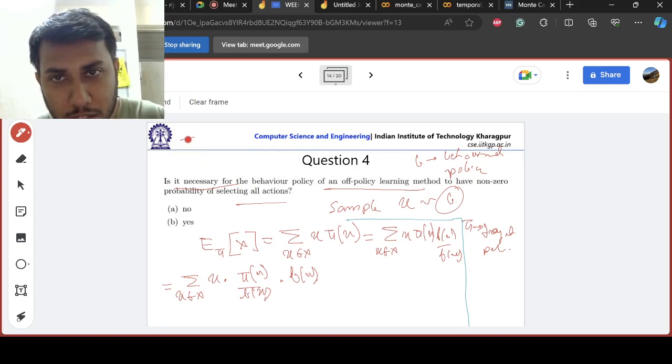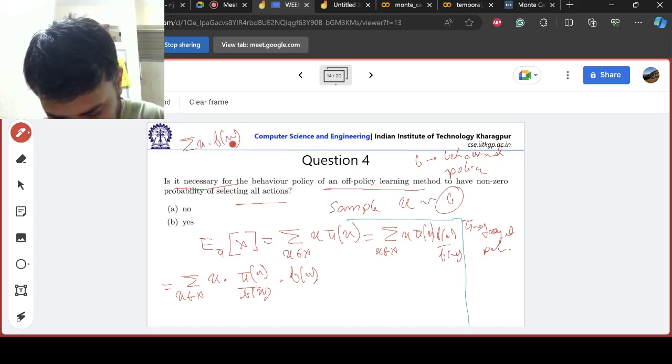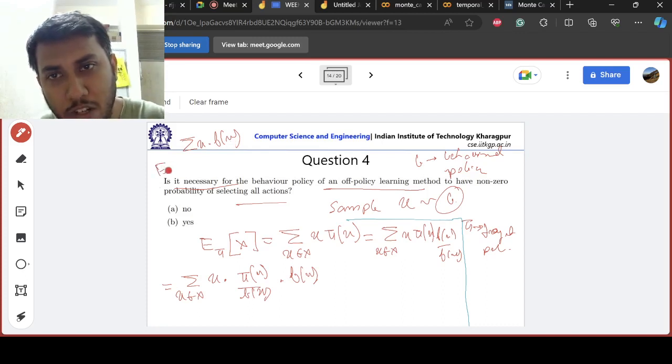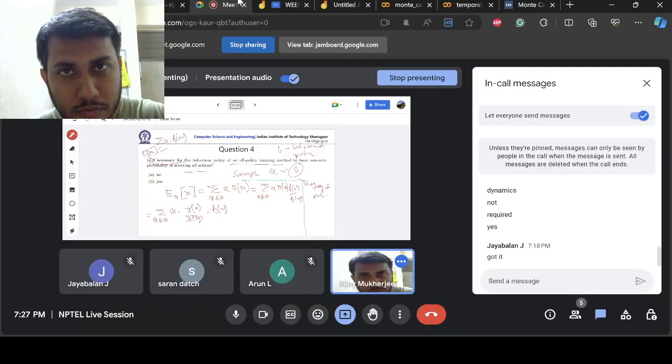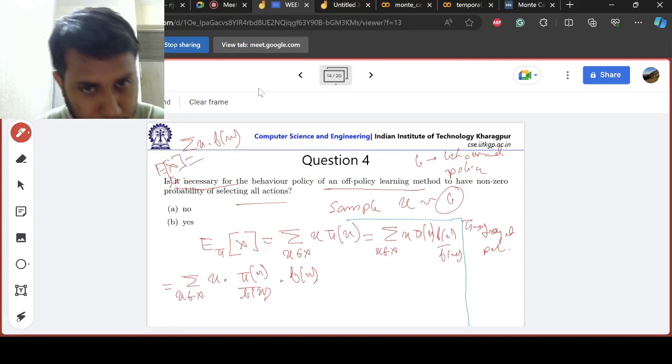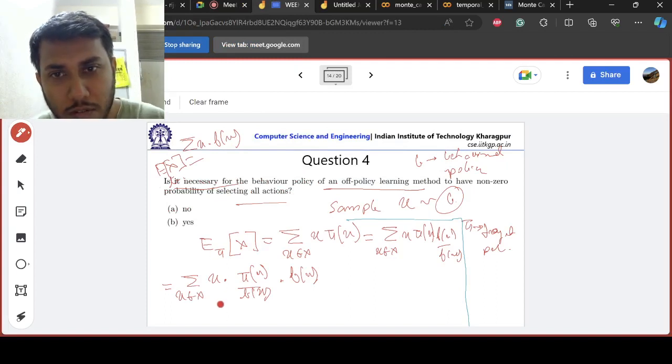Now what is this? Summation of x times b of x. This is basically the estimation of x with respect to b. Now we will do some tactics.